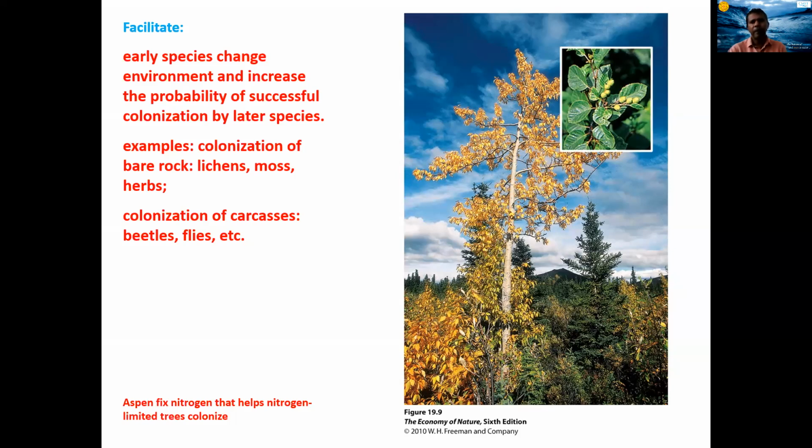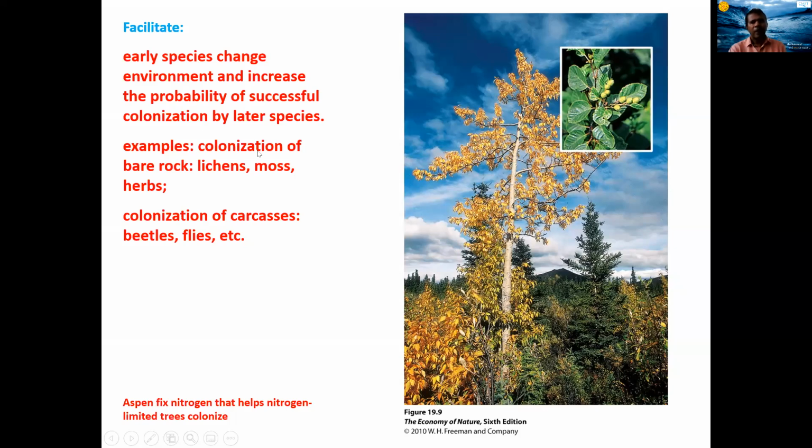They will help other species to grow. Here is one example: this plant is a legume, so they produce nitrogen, which they add to the soil where other plants can grow, right? So in that case, this plant behaves as a facilitator for the other organisms to grow, right?